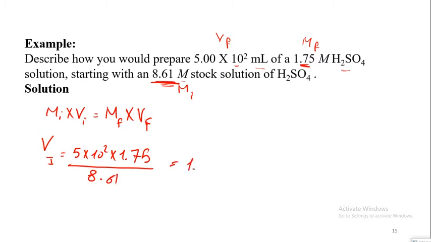This should be equal to 102 ml. So if I took 102 ml from my concentrated solution with this concentration, I should be able to prepare 5 multiplied by 10 to the power 2 ml of this sulfuric acid concentration.